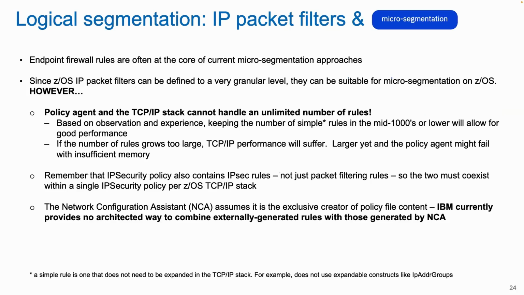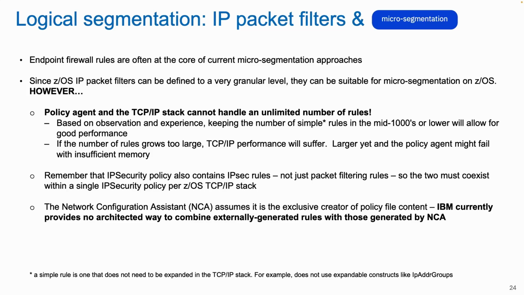A few considerations for when you use IP packet filters for micro segmentation. You want to make sure you use endpoint firewall rules in conjunction as well. You can get very granular with IP packet filter rules, but you want to be careful with the number of rules that are generated.